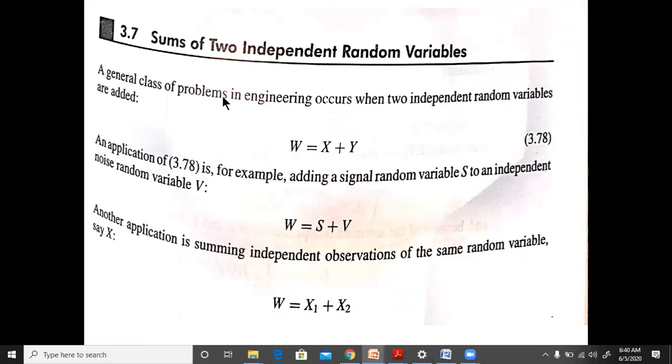So here we consider the general class of problems where we have two independent random variables to be added. W is equal to X plus Y, where X can be a signal random variable S, and Y can be a noise random variable V, and the signal and the noise can be independent of each other.